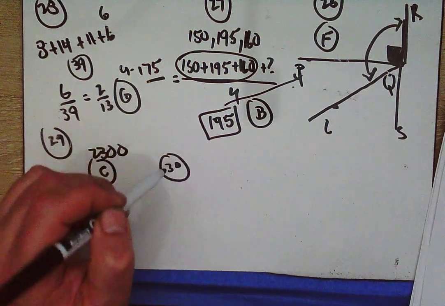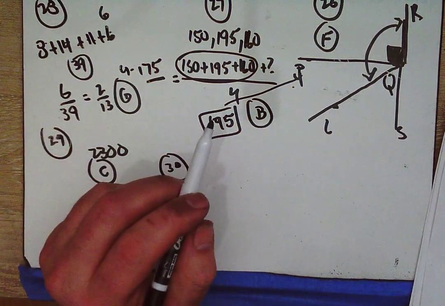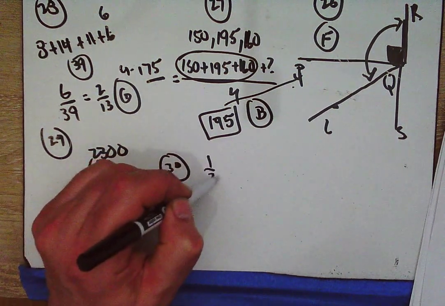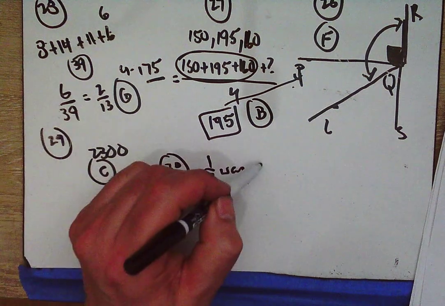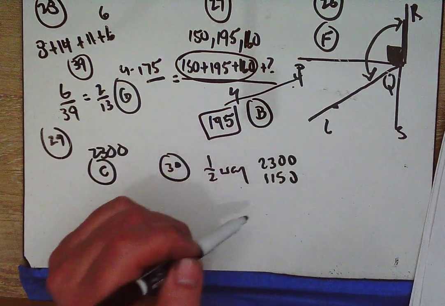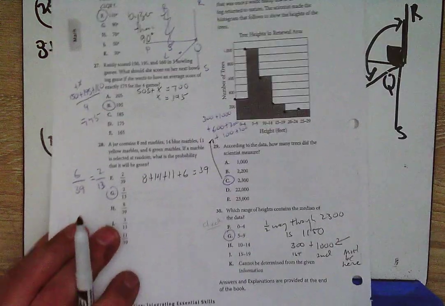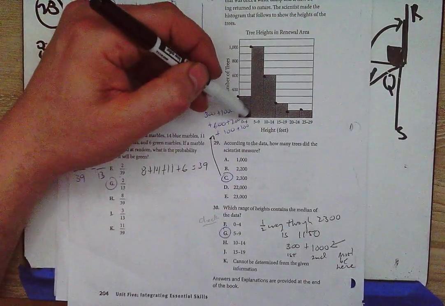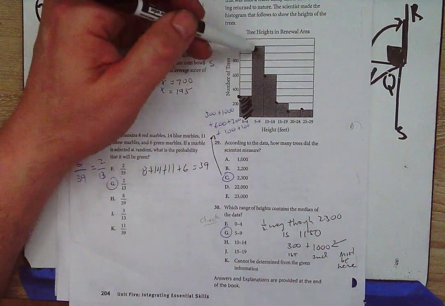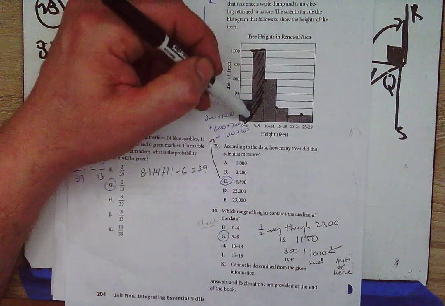And finally, number 30. What range of heights contains the median? Well, remember, the median would be halfway through our 2,300 trees. That would be 1,150. And let's count over. In this first section, we're using up 300 trees. In this next section, we've now used up 1,000 more trees.